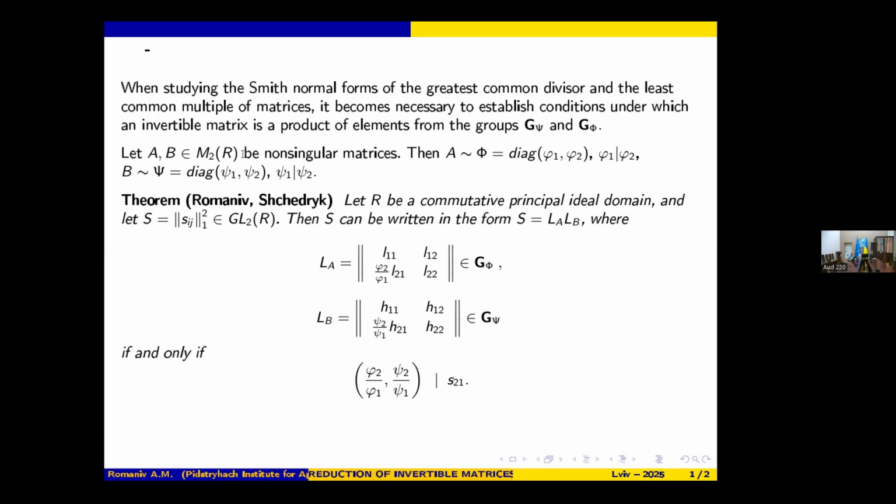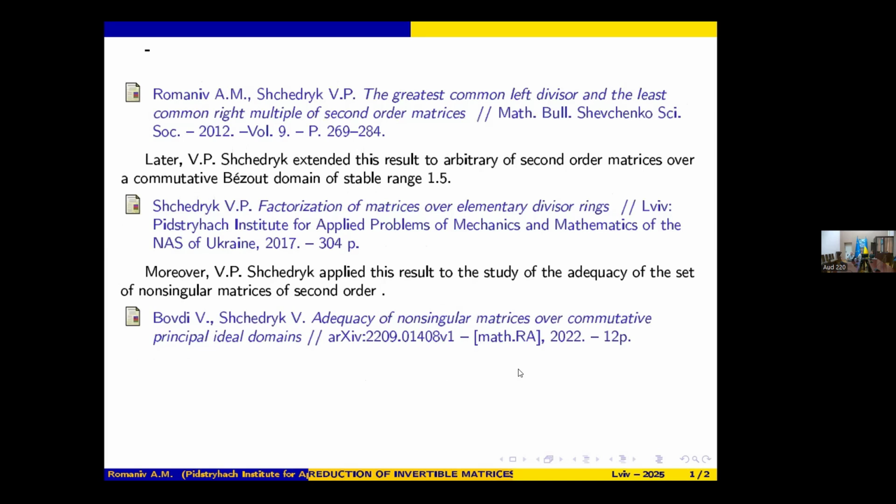Let A and B be non-singular second-order matrices, and let these matrices have the Smith forms phi and psi. Then the invertible matrix S can be written in the next form if and only if the greatest common divisor of these elements divides the element S. Later, Shchedryk extended this result to arbitrary second-order matrices over a commutative Bezout domain of stable range 1.5.